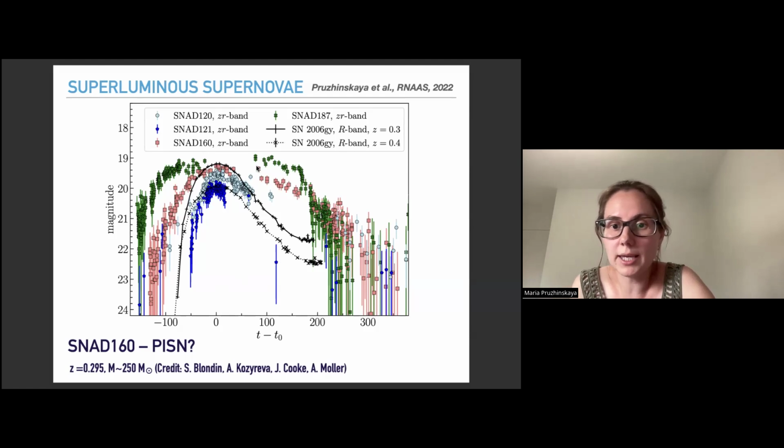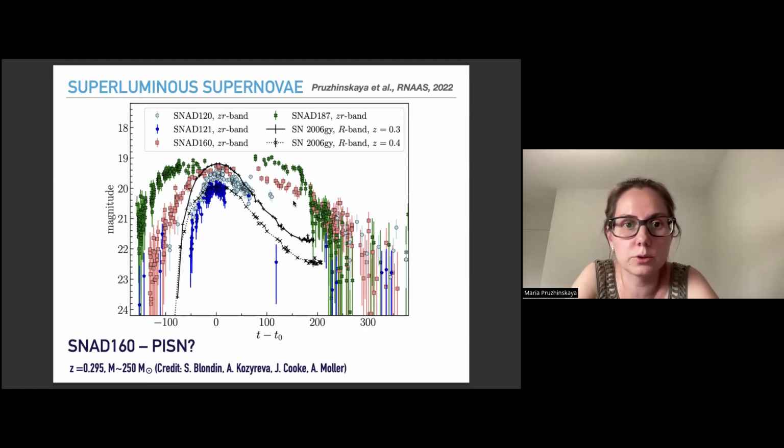But some candidates are still very promising superluminous supernova candidates, especially this SNAD 160, for which we actually obtained additional follow-up observations.